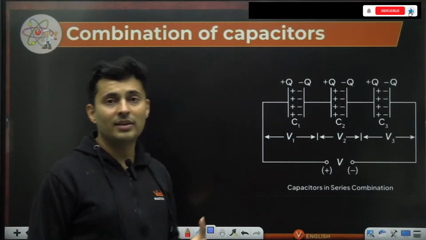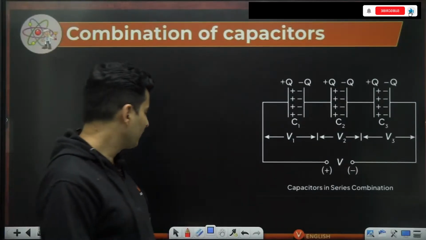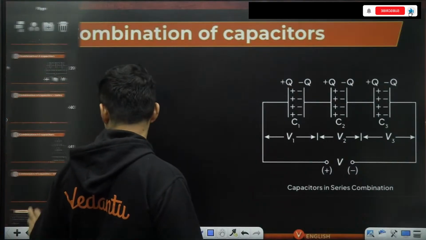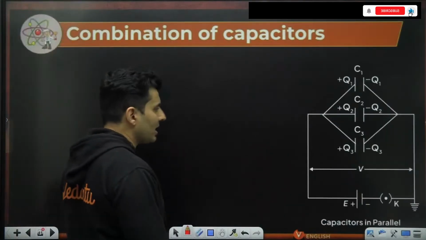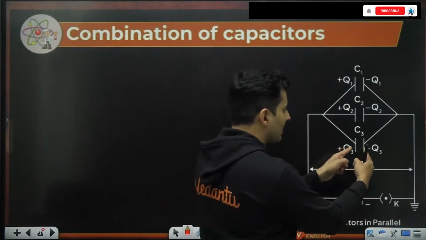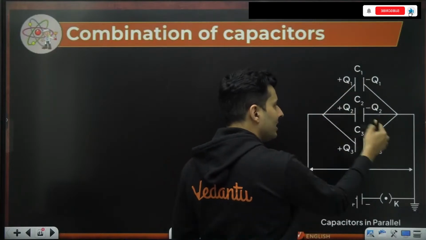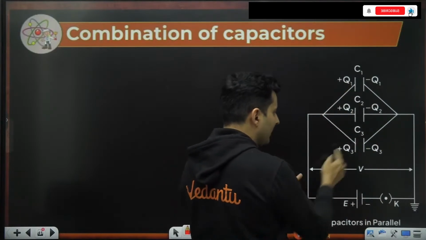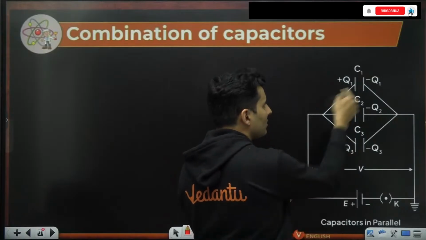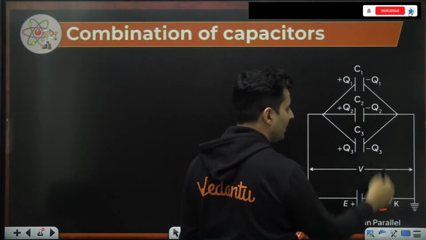So what is the difference in series versus parallel? See, in parallel, it becomes actually very obvious to see that whether you take this capacitor or this capacitor, all of them will have the same voltage. This is connected to positive, this is positive, this is also positive. Negative, negative, negative.